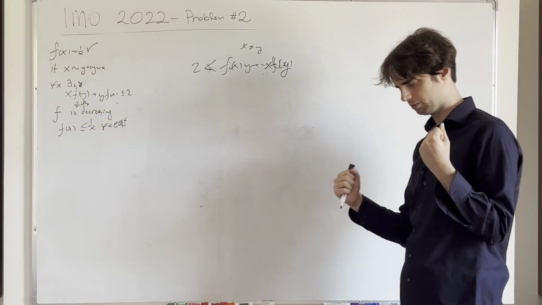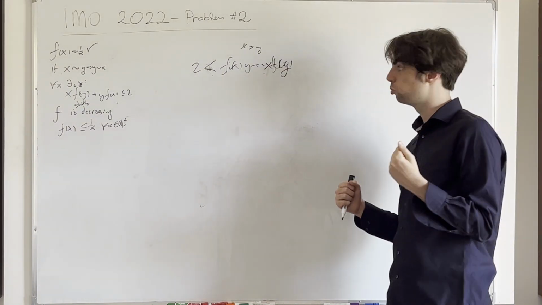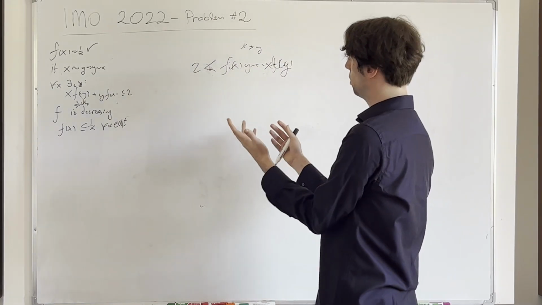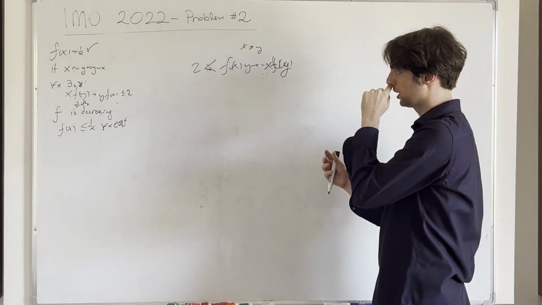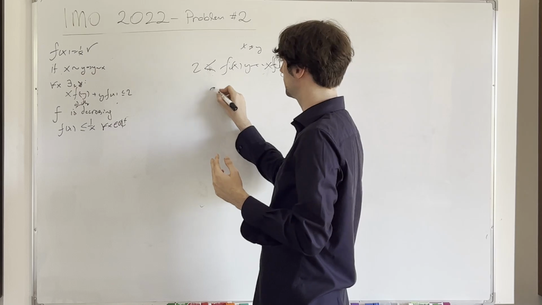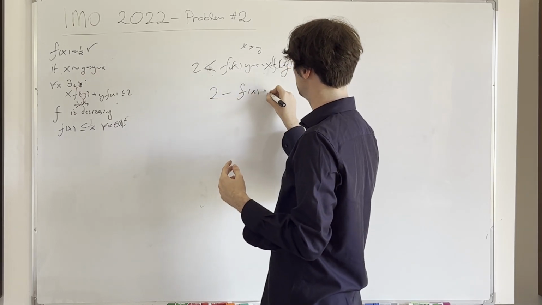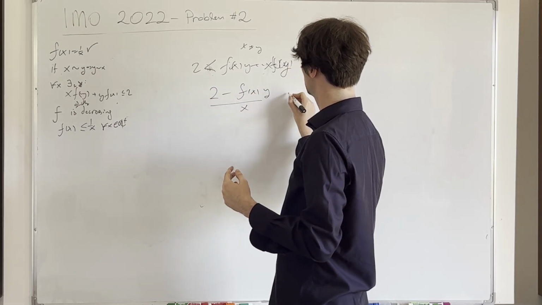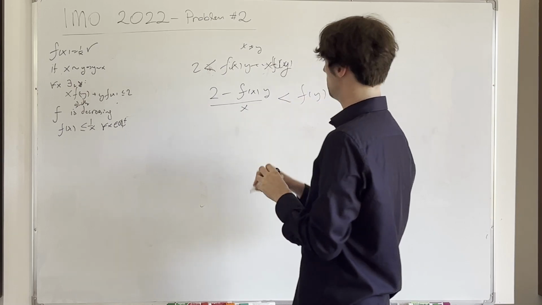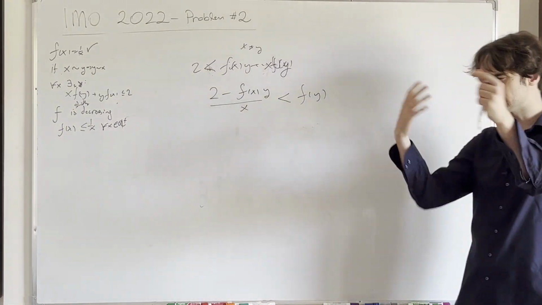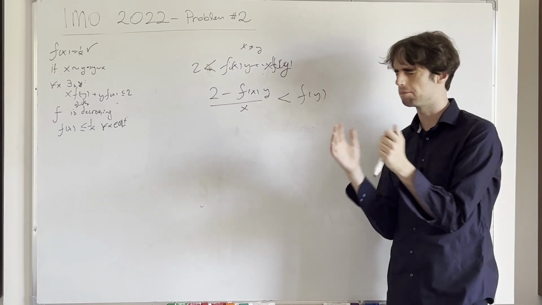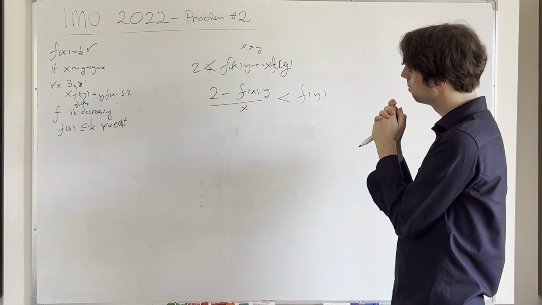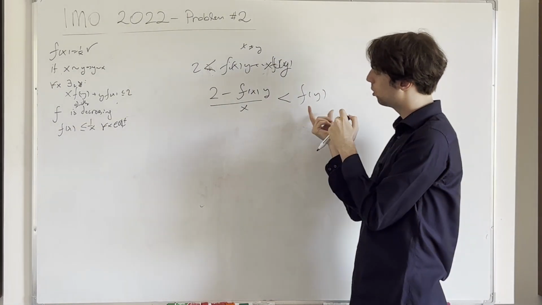If I fix some x, what am I going to get in terms of y? What is f of y like? Well, if I fix any x, I get 2 minus f of x times y over x. f of y is strictly greater than this for any y. This is just looking at things in a different way. Now, this must always be true.